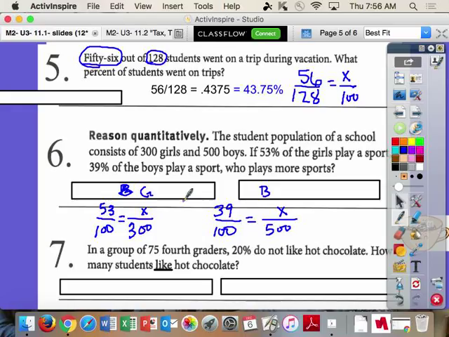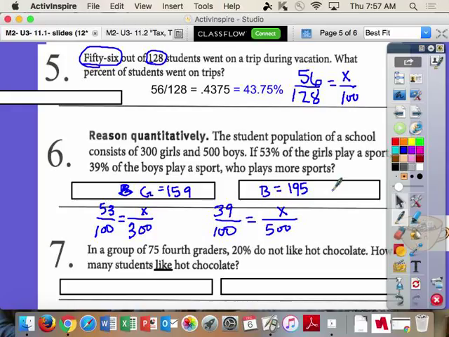So what is it for girls? 159 girls. Well, what is it for boys? 195.